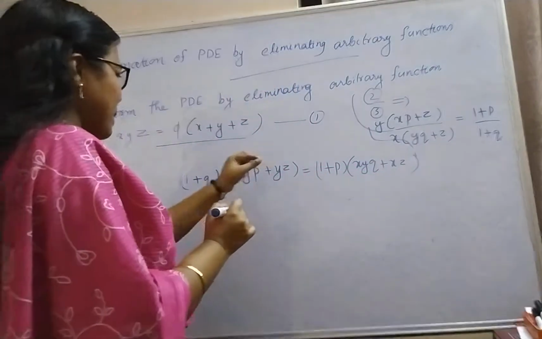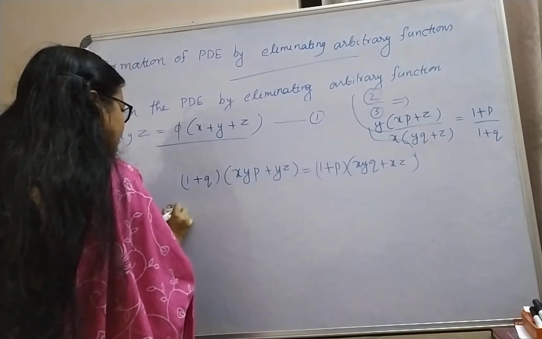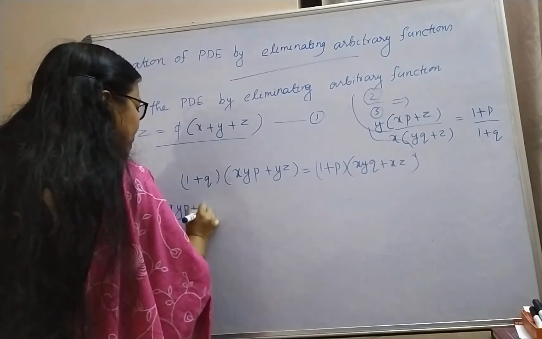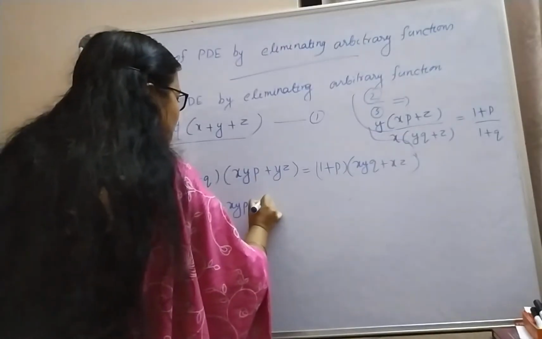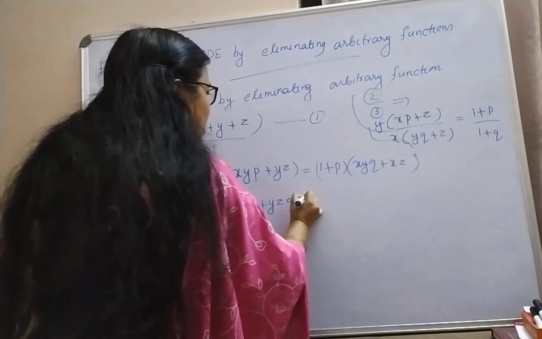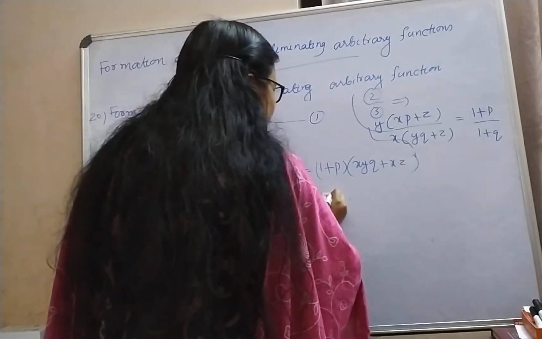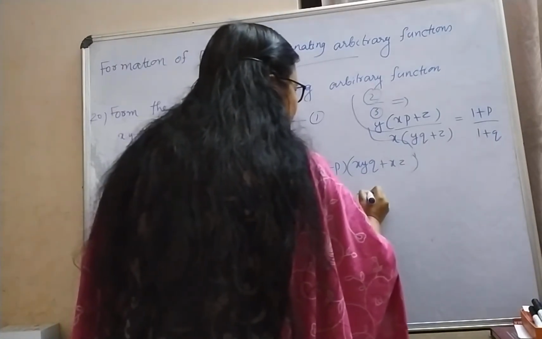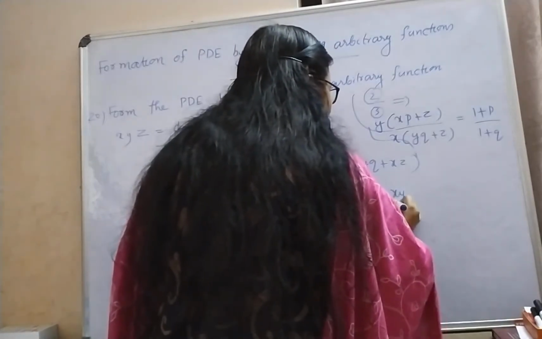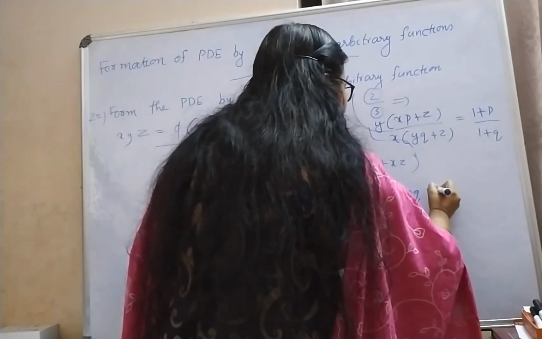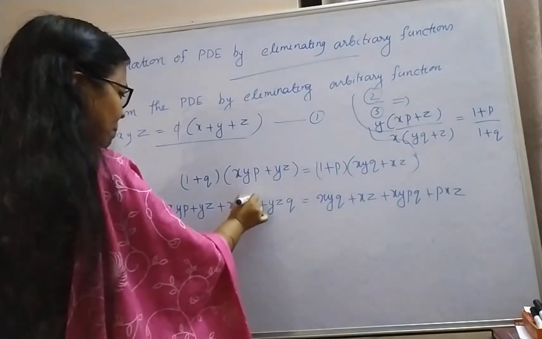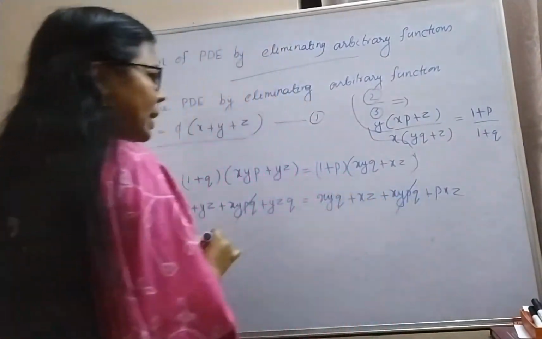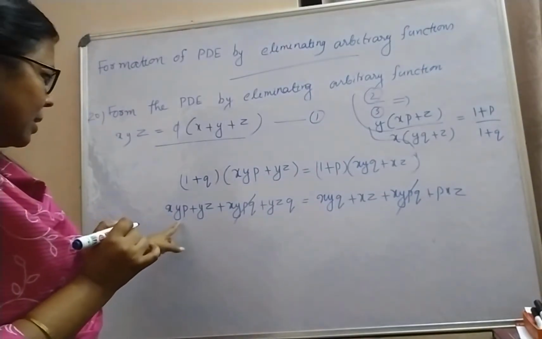Then by opening this bracket, xyp plus yz plus xypq plus yzq equal to xyq plus xz plus xypq plus pxz. This xypq will get cancelled.